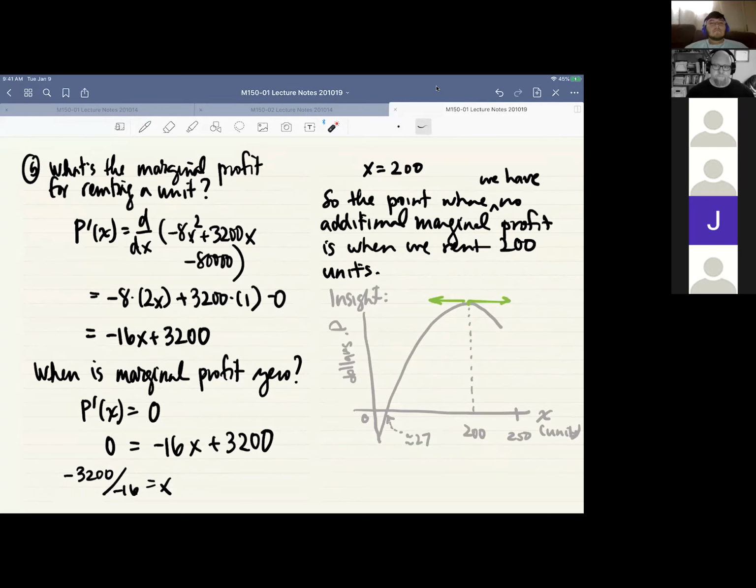I had a quick question, Professor. Yes. I know we'll probably just be given the polynomial, but I was curious, for negative 8x squared plus 3200x minus 80,000, what exactly do those numbers mean according to the problem?